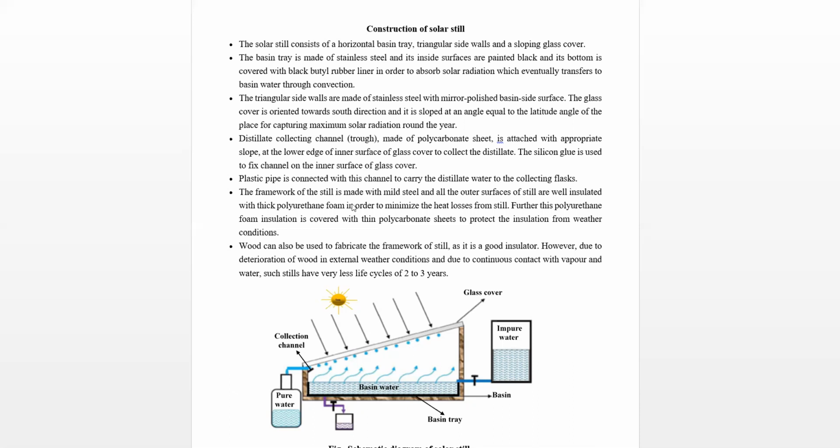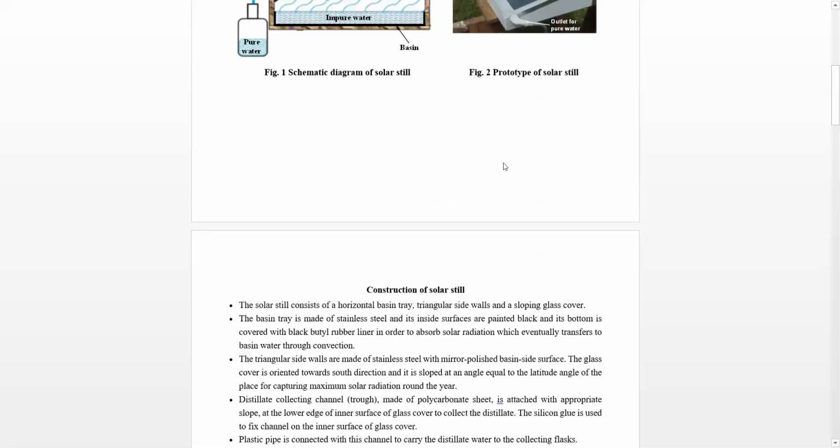Now, the next point is the distillate collecting channel, that is the trough, which is normally made of polycarbonate sheet, and it is attached with appropriate slope at the lower edge of the inner surface of the glass cover to collect the distillate. I again go back to the prototype.